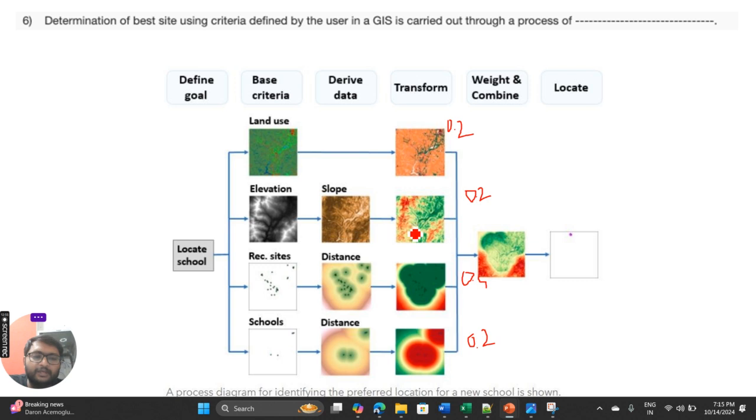Then we calculate the score: pixel value multiplied by 0.2 plus this pixel value multiplied by 0.2 plus this into 0.4, and so on. We then convert it into a final map which gives us the site suitability index, and if the score is higher, we consider those sites for construction purposes.